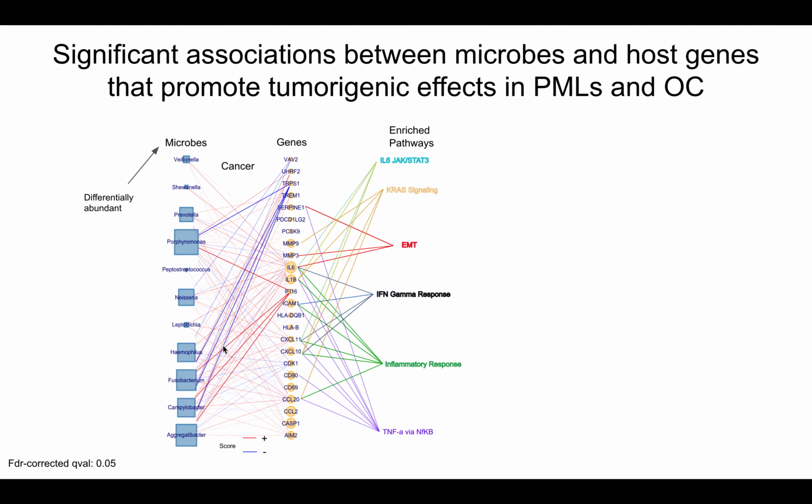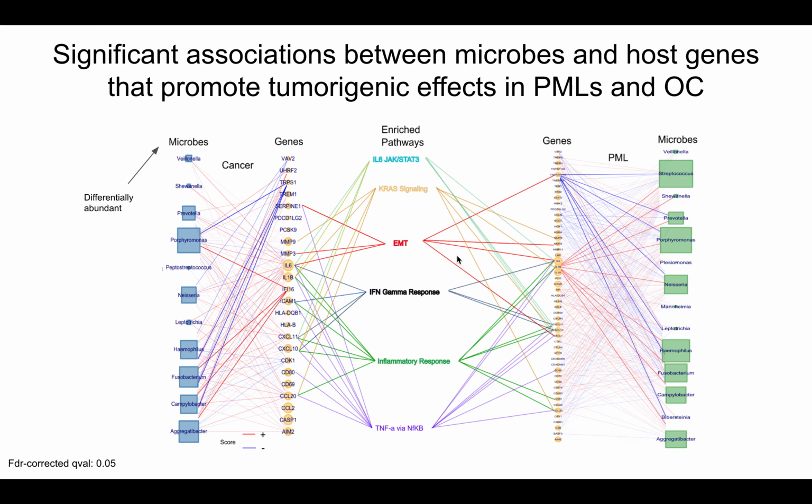The red edge indicates a positive association, or the combination score that comes out of the MSEA algorithm, and we see, for example, Fusobacterium as well as Campylobacter being associated with IFI16, which is an interferon gamma gene, along with IL6. These associations of pathways also come up in our host, the human analysis that I showed previously, and these can be used to build a model that helps us identify the interactions between microbes and genes.